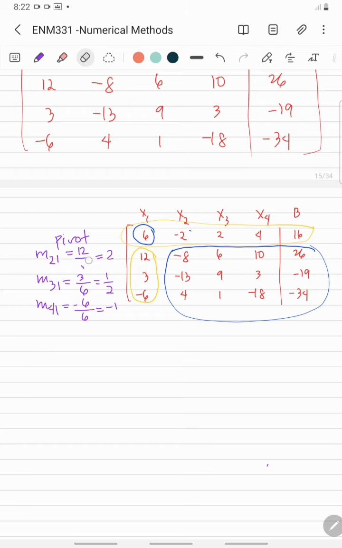Okay, I have to erase this one, and I have to replace it by a whole number. So here, this is equal to 2, then this is equal to 0.5, then we have negative 1.